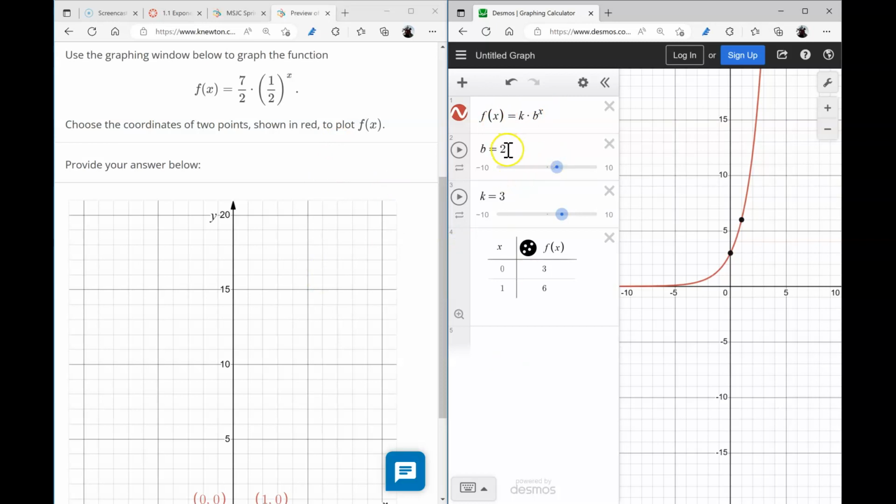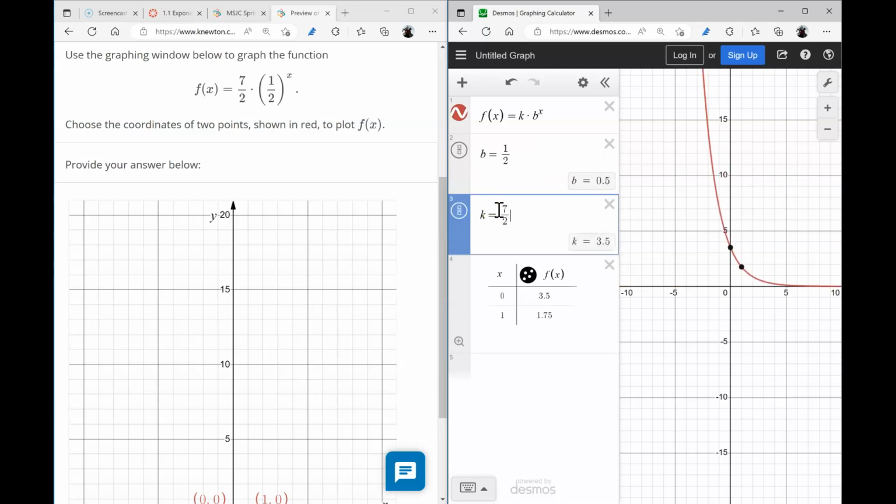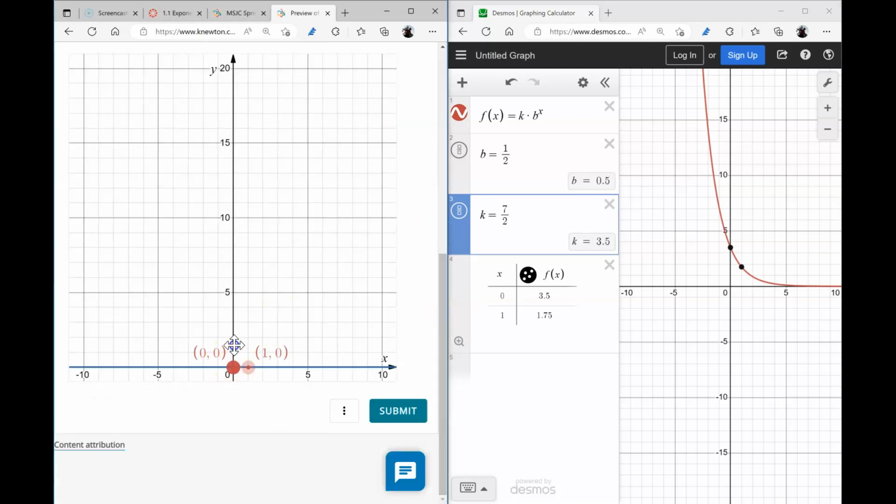So when our b is 1/2 and k is 7/2, my y-intercept is 3.5, and my output at 1 is 1.75.